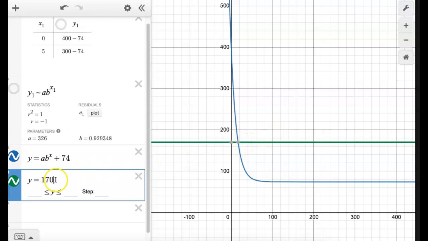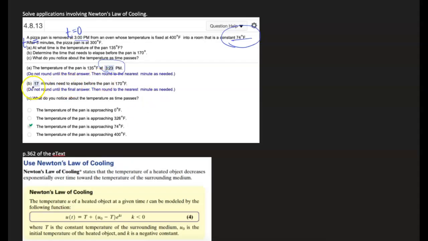So notice I've just updated that to 170. I can click at that point of intersection, and it takes 17 minutes. You see I've put here 17 minutes before the pizza reaches 170 degrees.